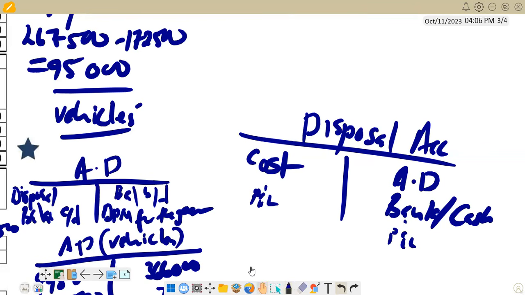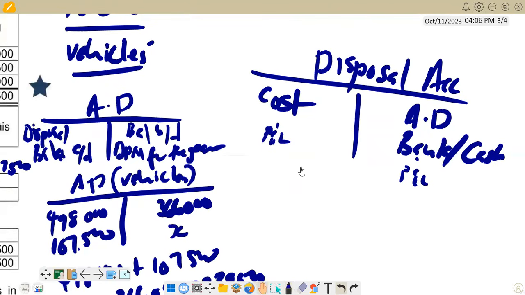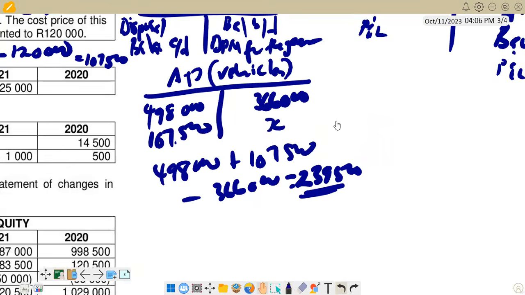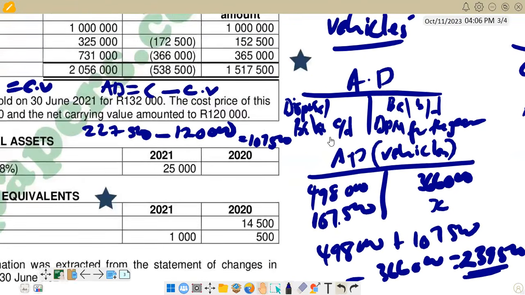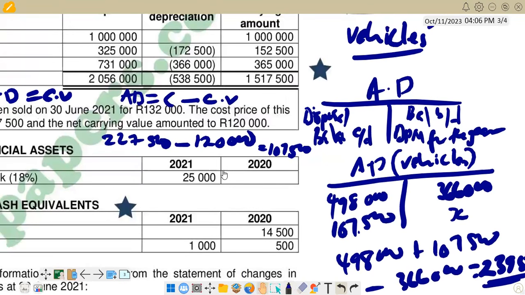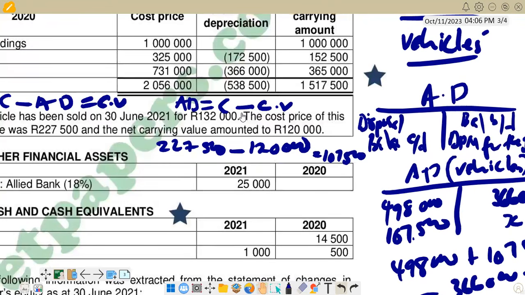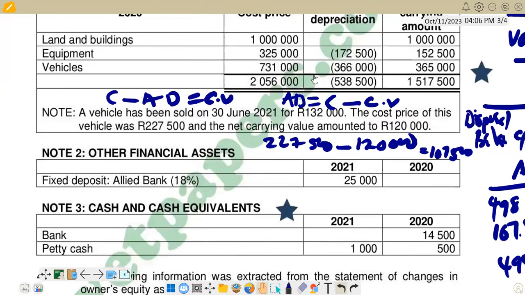So let's see what we are given. We are given that the cost is 227,500. So this one comes on the debit.